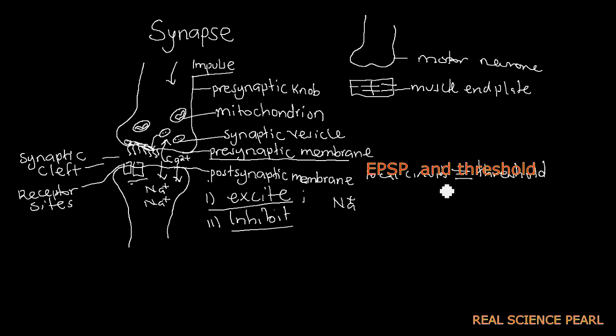Threshold means the minimum potential difference that is required to fire an impulse.